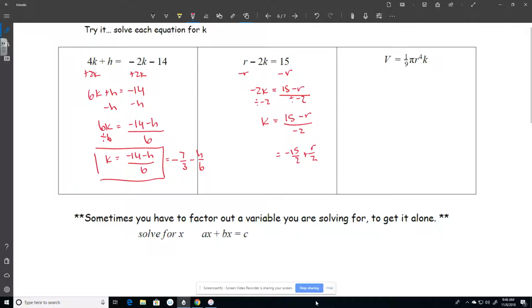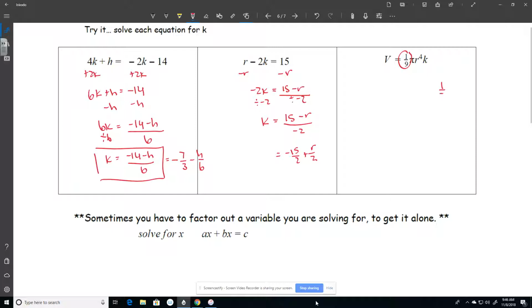Now on this one, we're getting k by itself, and I'm multiplying k by pi, and I'm multiplying it by r to the 4th, and I'm multiplying it by 1/9. So to get rid of those, I usually would divide all of them. But I don't like dividing by fractions when I'm solving equations. There's another way to undo.